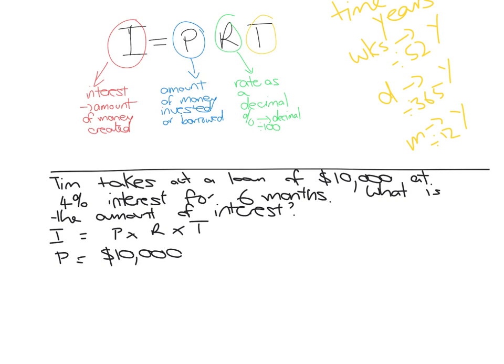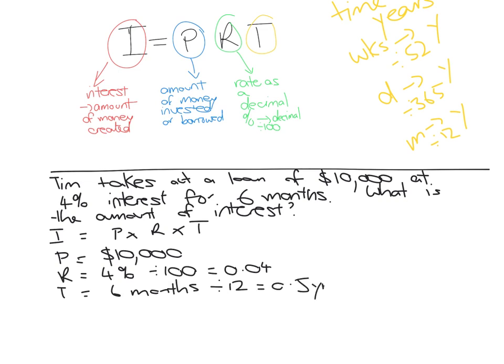The rate is 4%, but we're going to divide that by 100, so that's going to become 0.04. And the time is 6 months, but we're going to divide that by 12, so that's going to be 0.5 years. And then we're going to put those values into our formula.